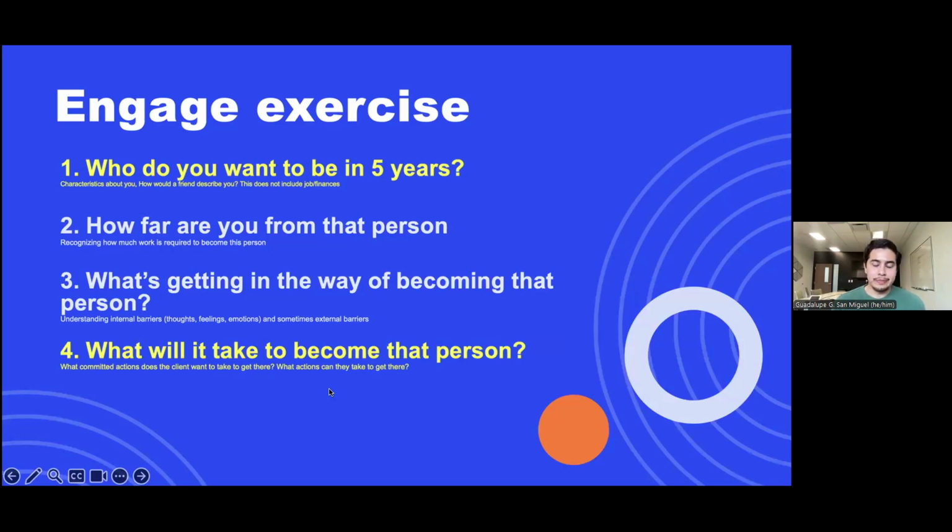I'm trying to think of anything else. I think this is another good example of thinking about the vocabulary with clients. Early on, I was very conflicted about using specific lingo with clients, thinking, do I have to say the word values? Do I have to say the word committed action? But the cool thing is, you do not.